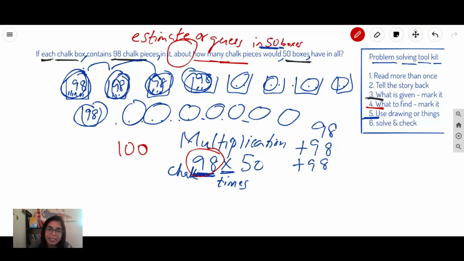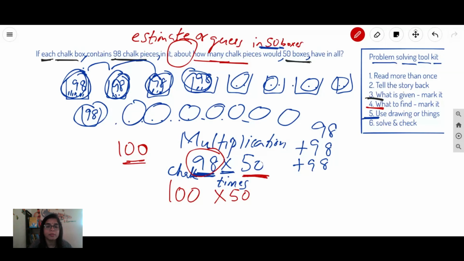And 50 is already having a zero. We don't have to make it a nearest number, it's okay. So this 98 became the 100 and the 50 remains the same. So we know that 100 times 50 is nearly, about, approximately, right?